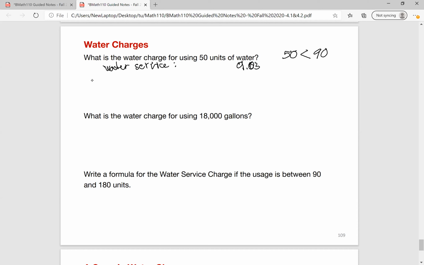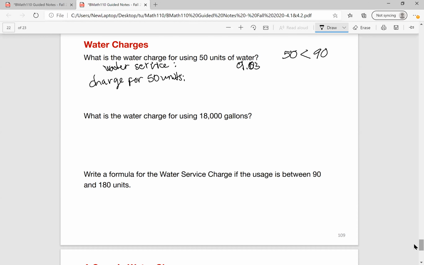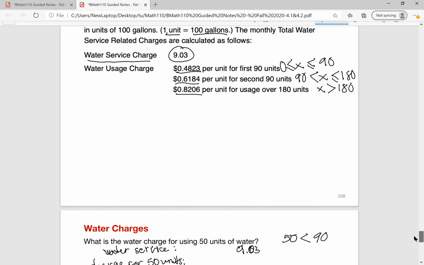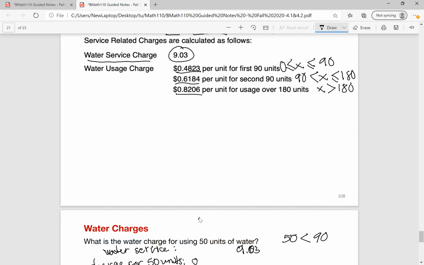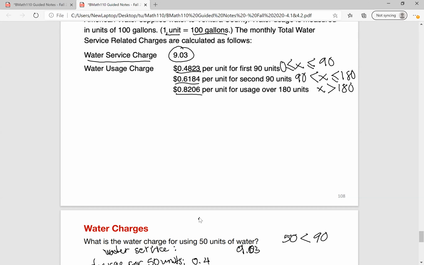So you're gonna say the charge for 50 units. You're gonna use the rate for the first 90, which is 0.4823, and then you multiply it by 50.